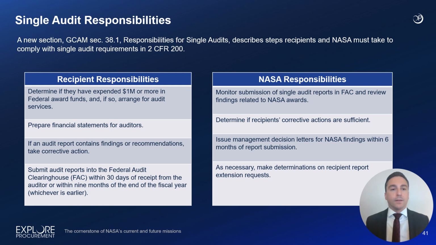NASA's responsibilities include monitoring single audit reports in the Federal Audit Clearinghouse, determining if recipients' corrective actions are sufficient, issuing management decision letters for any audit findings related to NASA awards, and, if necessary, making determinations on recipients' requests to extend single audit report submission deadlines.